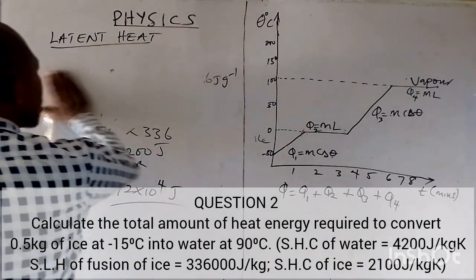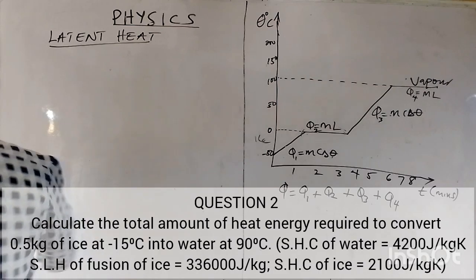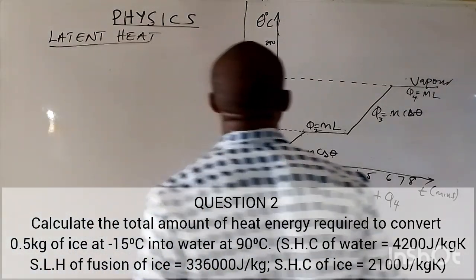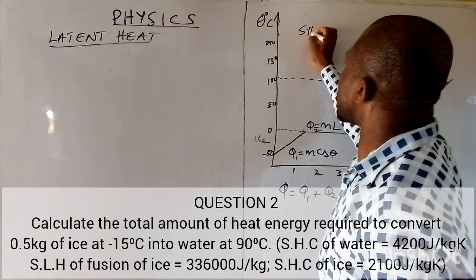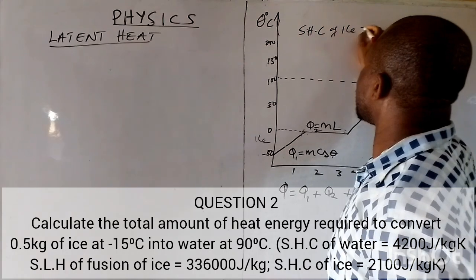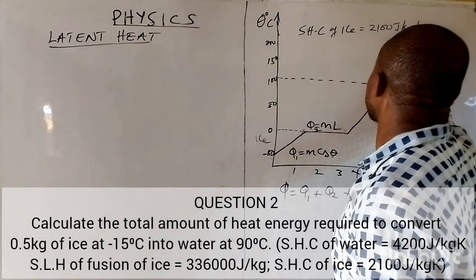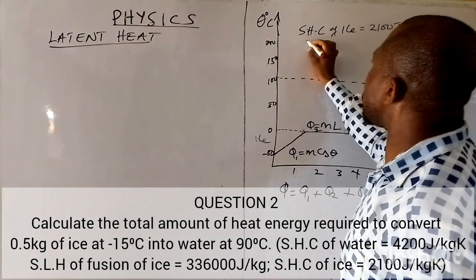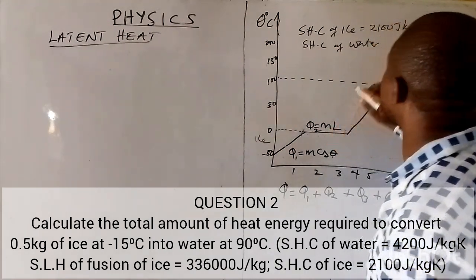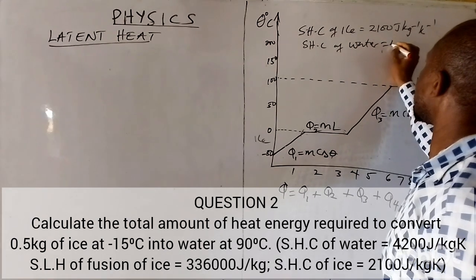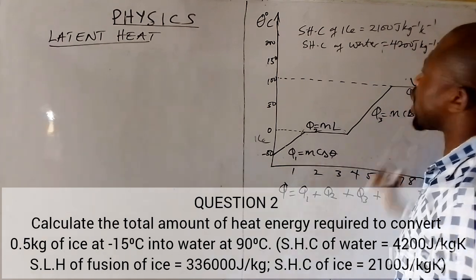The best way to solve this particular problem, given the values given to us, is this. We have the specific heat capacity of ice given to be 2,100 joules per kg per Kelvin. The specific heat capacity of water is given to be 4,200 joules per kg per Kelvin.